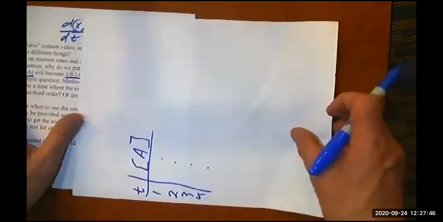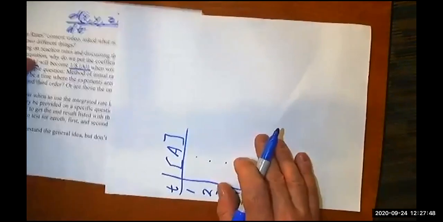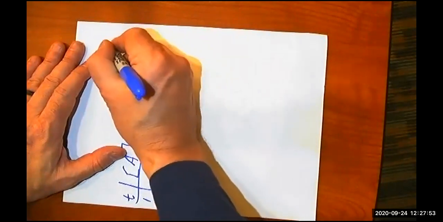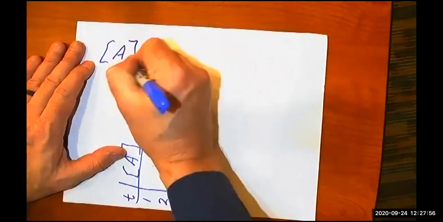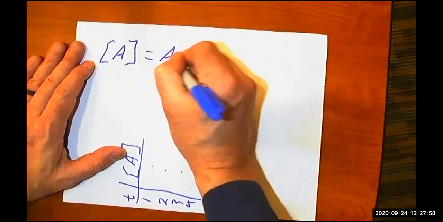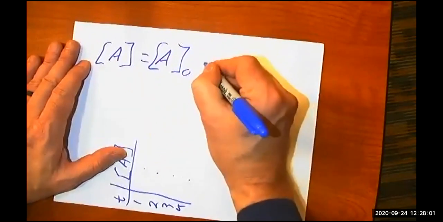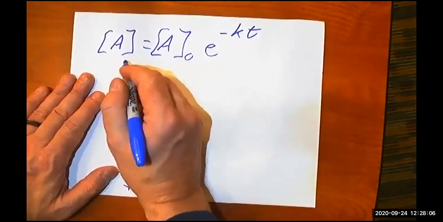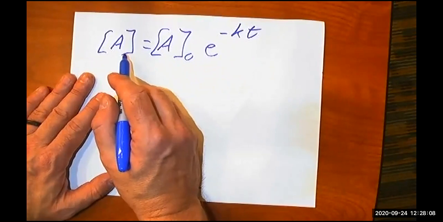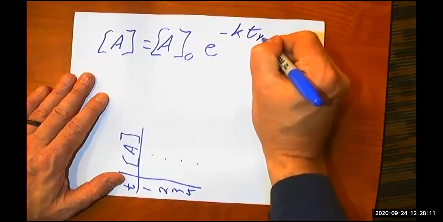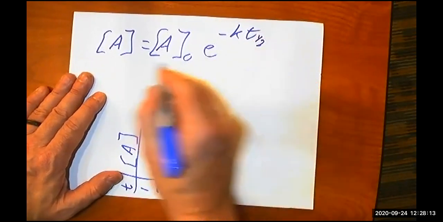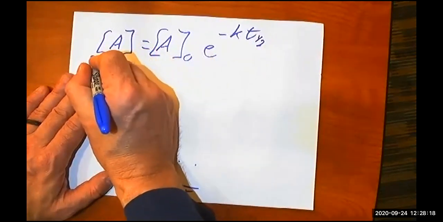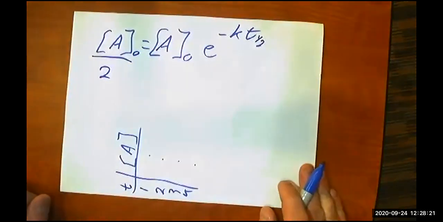Okay, so the issue with half-lives is that if you look at the first order case, the half-life means the time, so we'll call this the half-life, when the concentration becomes half of the original concentration, so we will call this half of that.